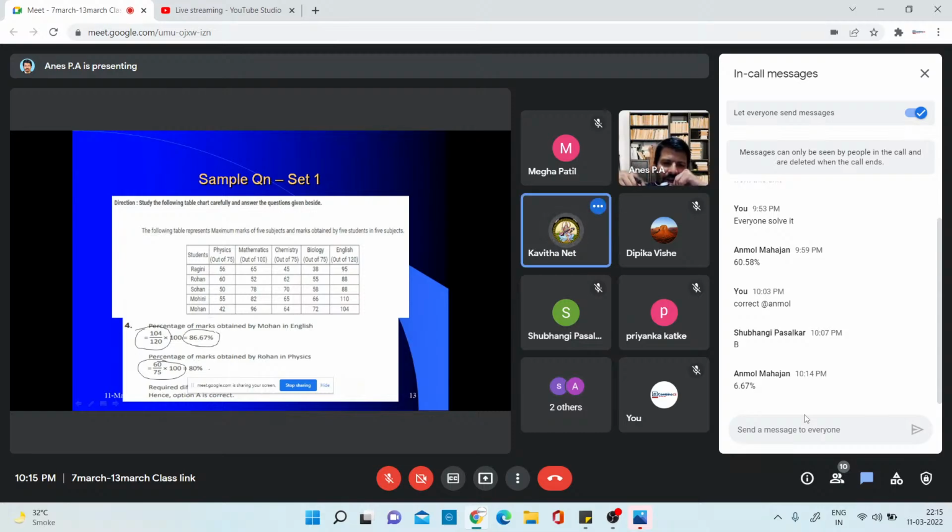We just find out the difference, 86.67 minus 80. What's the value we get here? 6.67. Yes, 6.67 is the right answer here.